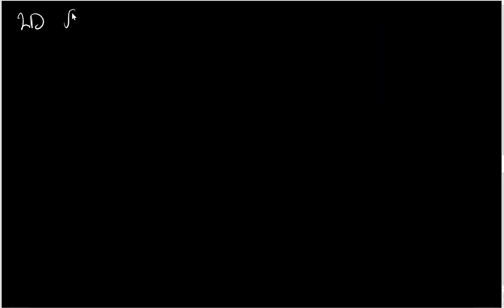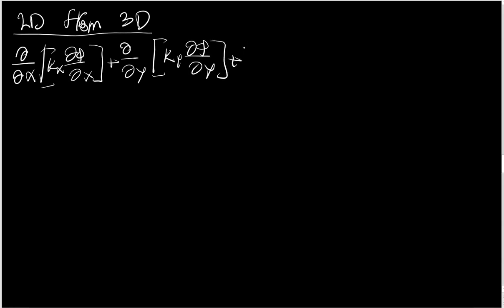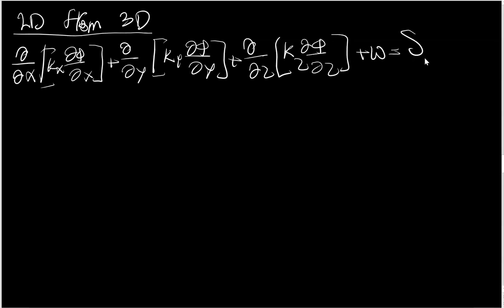The 2D governing equation from the 3D equation. So if I write the 3D equation like this, partial x, Kx partial phi partial x, plus partial y, Ky partial phi partial y, plus partial z, Kz partial phi partial z, plus W equals Ss partial phi partial t.